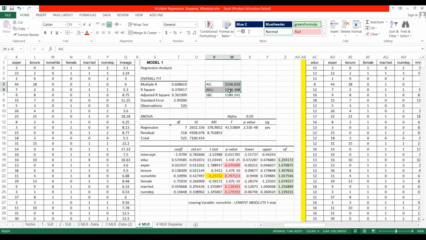Tapos itong mga information criteria natin, si Akaike, this is your Akaike information criterion. This is your Akaike also corrected. And then your Schwarz Bayesian criterion. So we use this in order to compare our models.